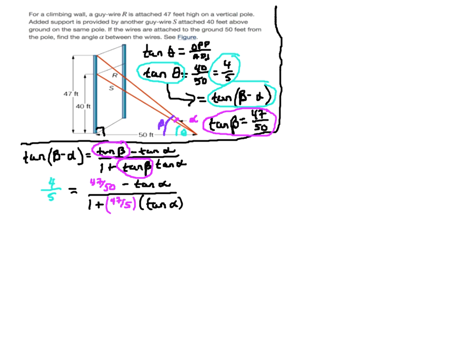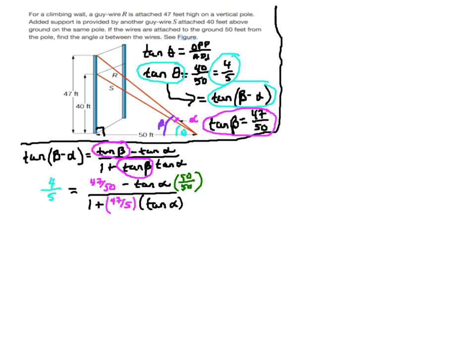Well, I should probably combine like terms first. I mean, add my fractions, yeah. I'll do all the nasty work first. Okay, so to be able to combine the fractions in the numerator and the denominator, on the right-hand side, I've got to have a common denominator. So I need to multiply this negative tangent alpha by 50/50 to get that 50 in the denominator.